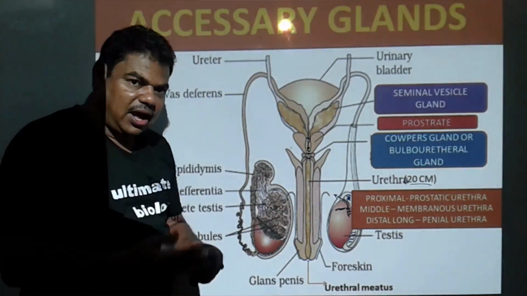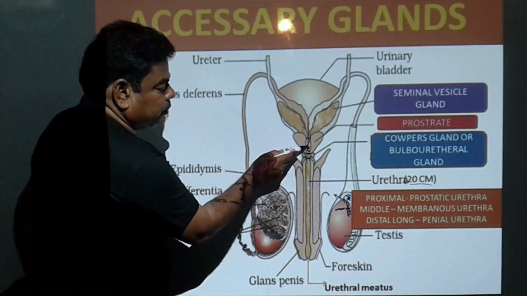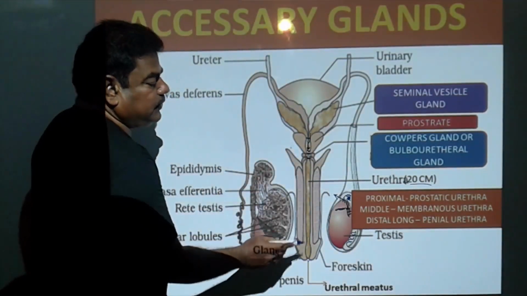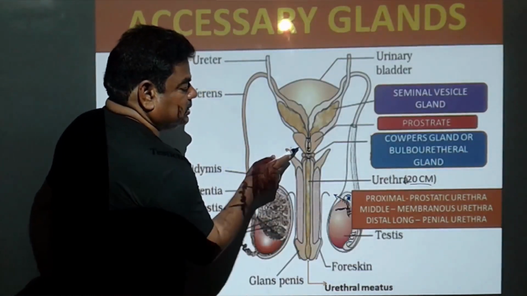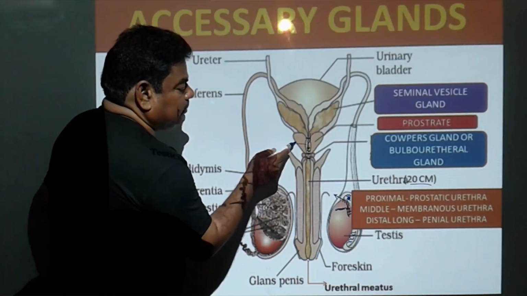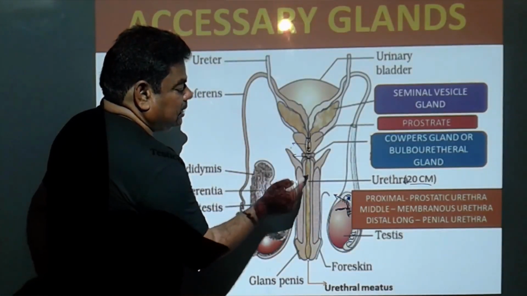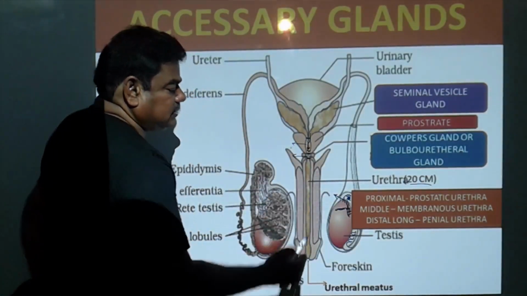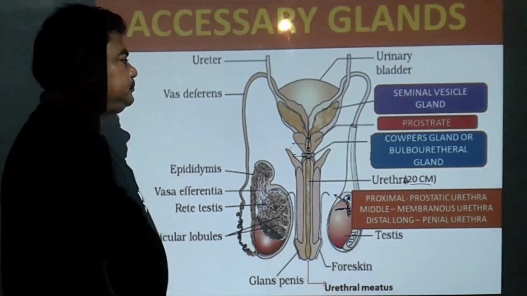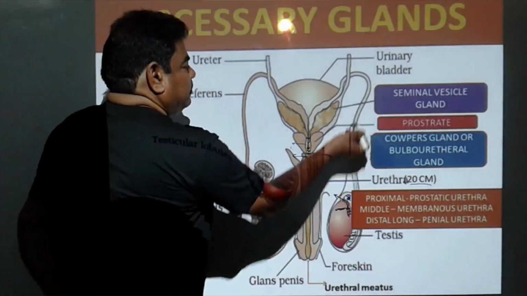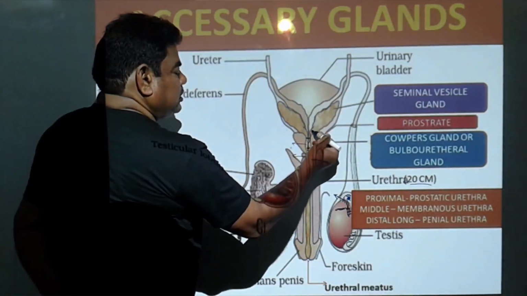So the urethra is a tube differentiated into three parts: one proximal, second middle, third distal. This one is the proximal, this one is the middle, and this one we call the distal long, the penile urethra. The sperm ultimately comes here through the ejaculatory duct.